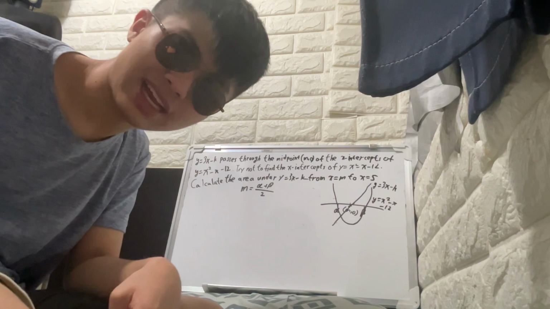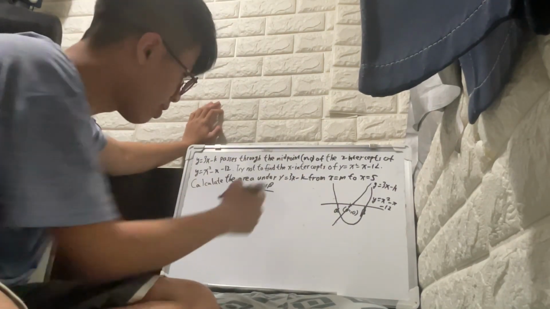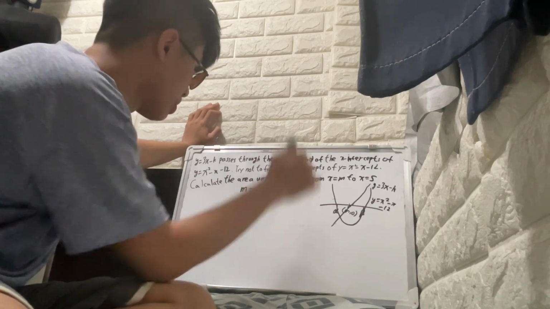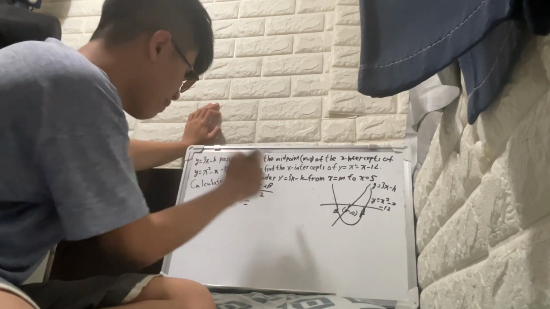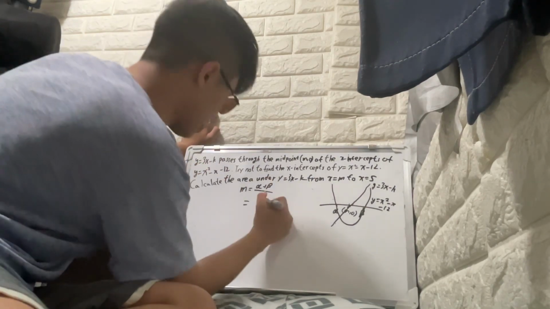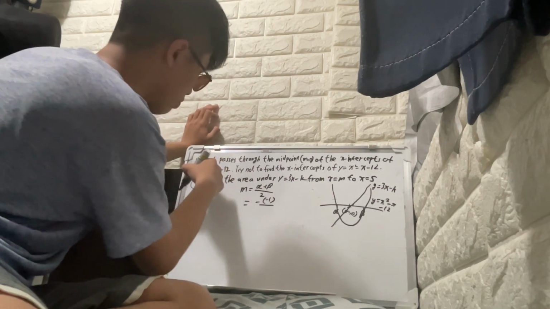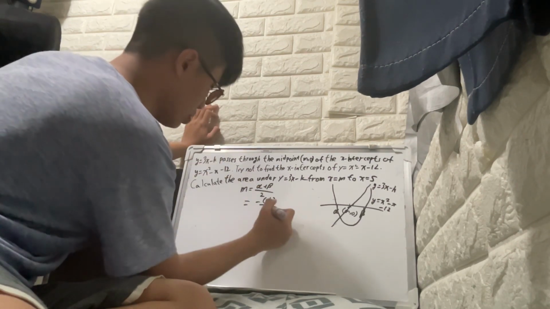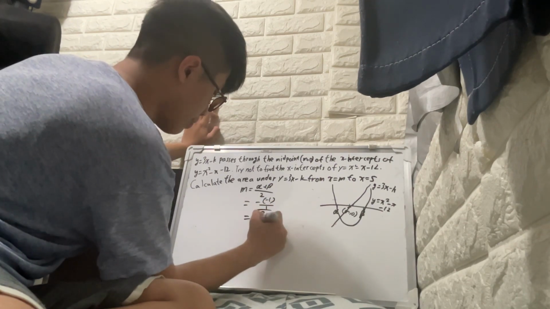And do we know alpha plus beta? It's the sum of roots, and we know alpha plus beta is equal to negative b over a. So negative of negative 1 divided by the coefficient 1 gives 1, and divided by 2, we get 1/2.